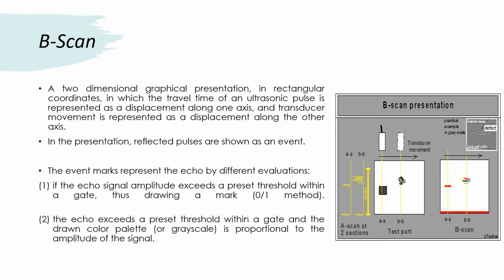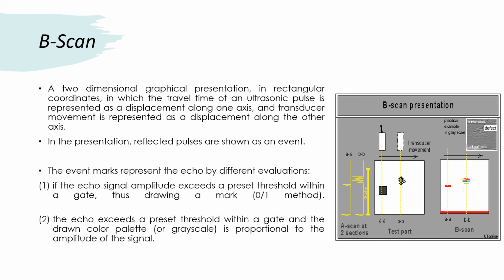In this presentation, the reflected pulses are shown as events. The event marks represent the echo by different evaluation. Number one: if the echo signal amplitude exceeds a preset threshold within a gate, a mark is drawn, that is the 0/1 method.